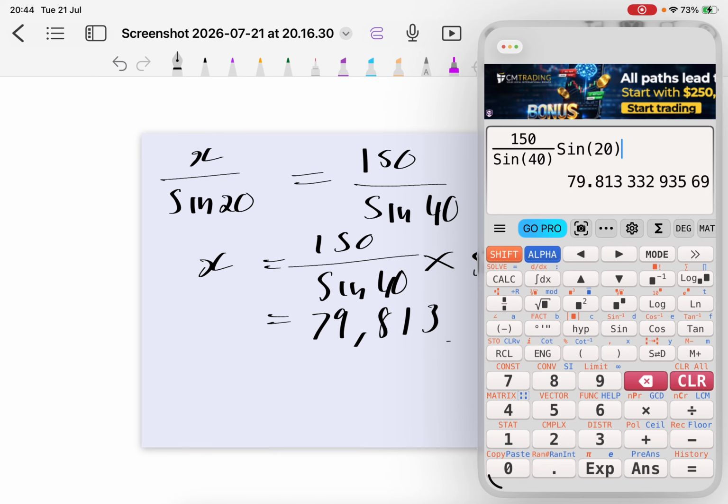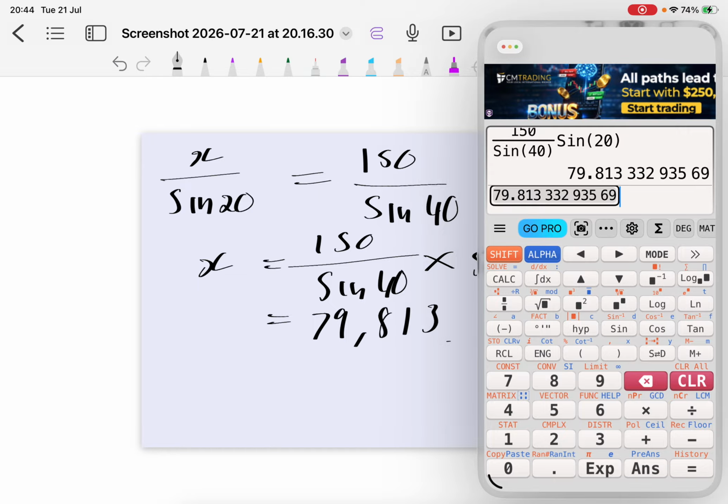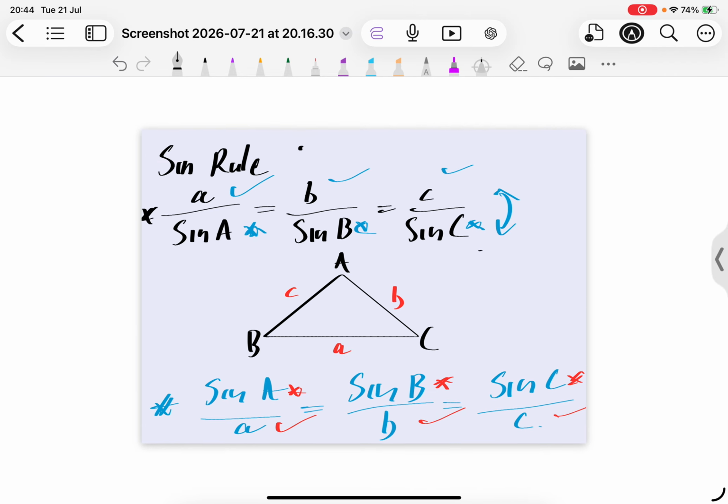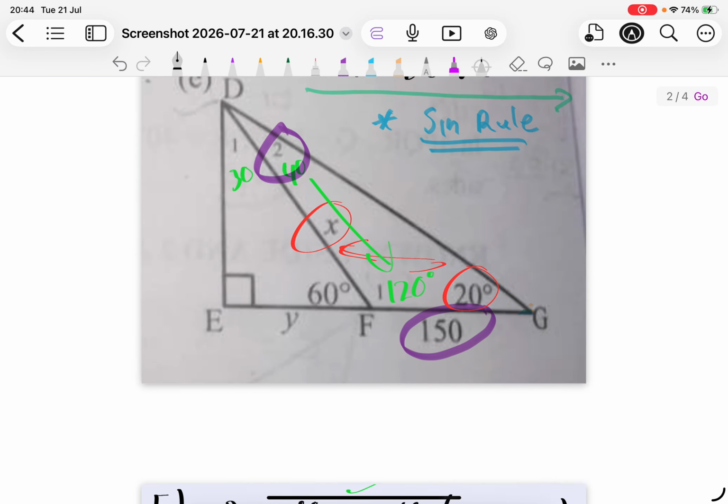What I'm going to do is I will then store it. Oh, let's just keep it as answer. It's fine. We'll keep it as our answer for now. So that's the value of x.